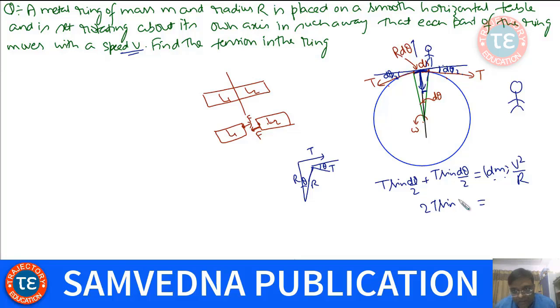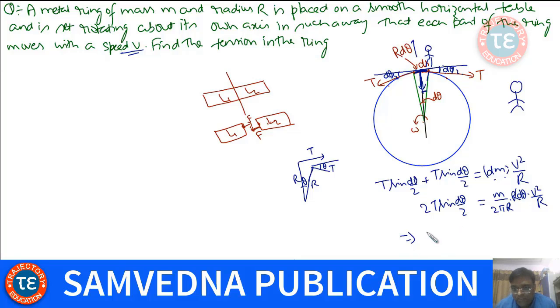And what is dm? This is 2T sine d theta by 2, and dm is the mass of this element, that is m upon 2 pi r into r d theta.